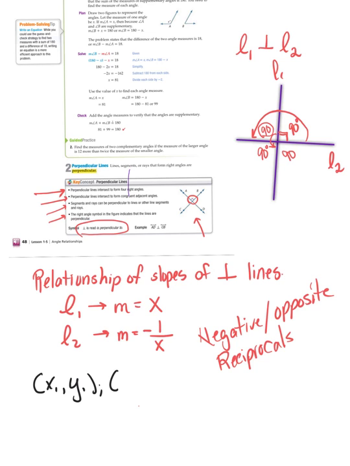Again, this was one of the formulas that I mentioned to you in lesson 1. Remember the slope, which is m, is the difference of the y's over the difference of the x's. And I'm sure you've got that down pat by now.